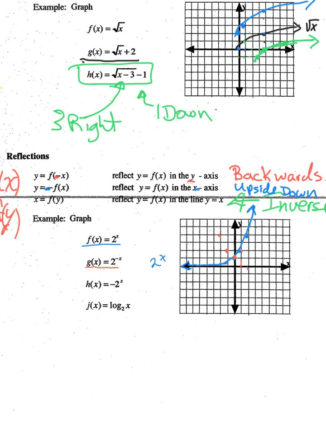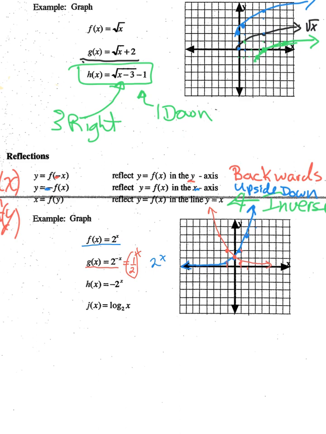And this point here, x is negative 1, y is a half, flips over to the right-hand side. And we've got our exponential function coming this way. So, of course, you remember from exponent laws, if I have 2 to the minus x, it means I have 1 over 2 to the power of x, which should be why the blue graph looks like exponential growth and the red graph looks like exponential decay.